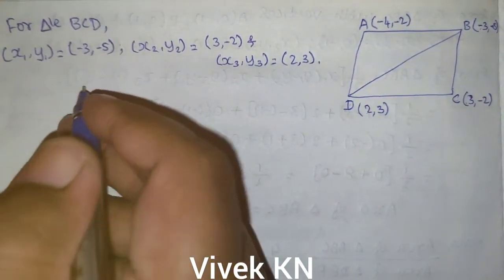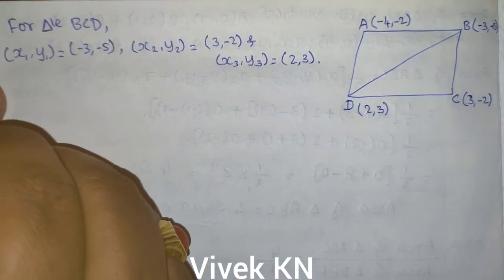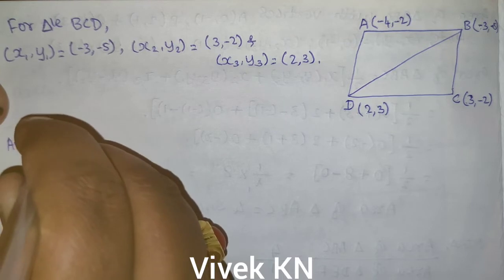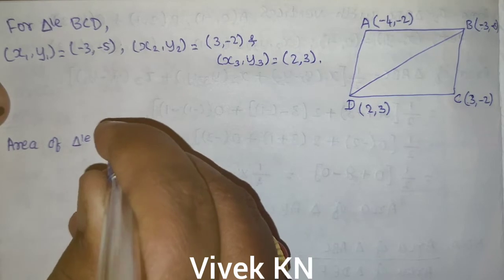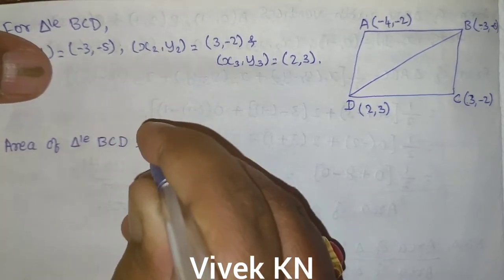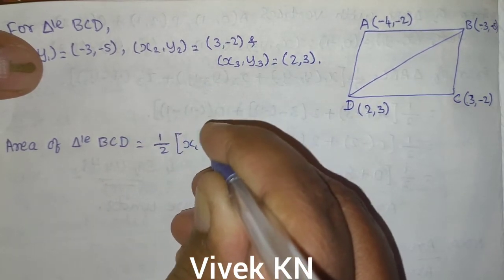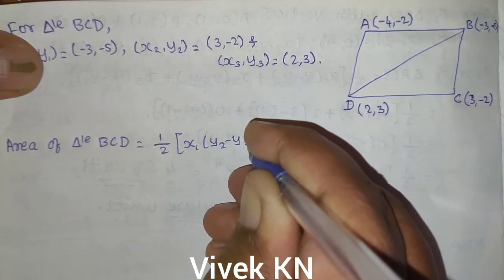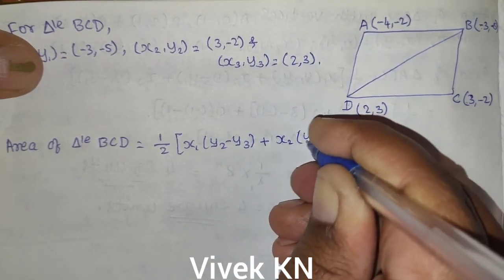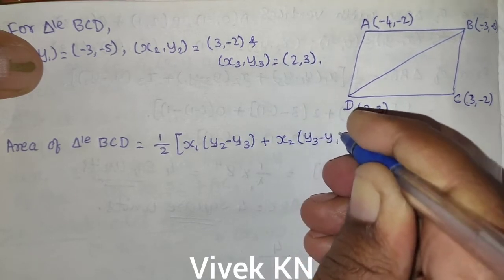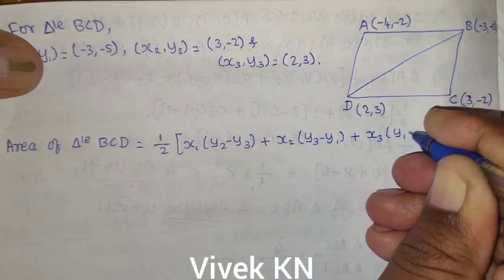Now let us write the formula to find out the area of triangle BCD. So area of triangle BCD is given by 1 by 2 into x1 into (y2 minus y3) plus x2 into (y3 minus y1) plus x3 into (y1 minus y2).